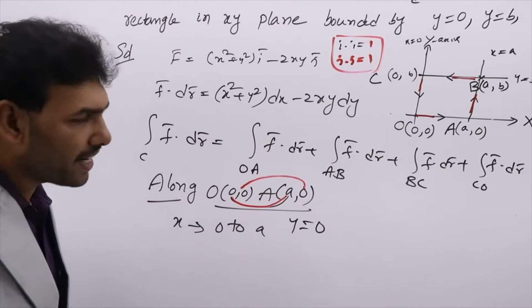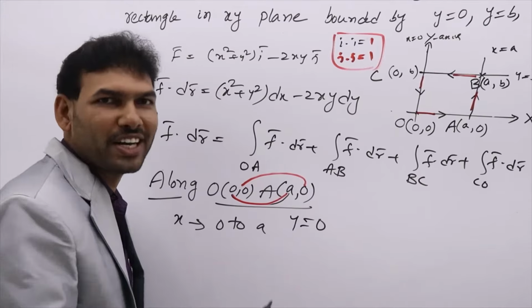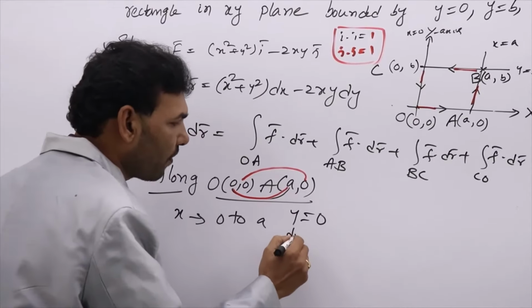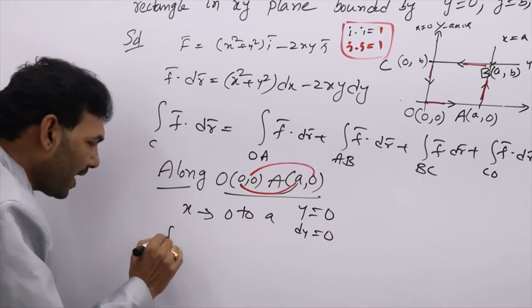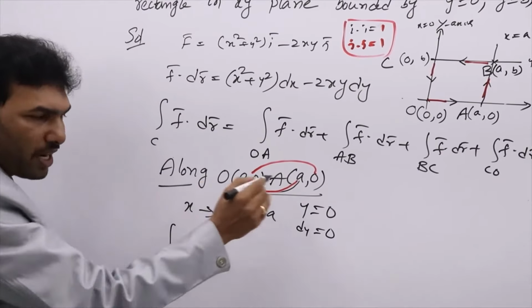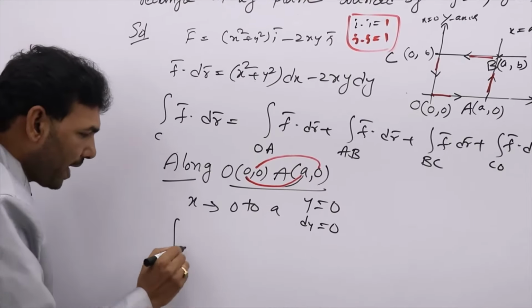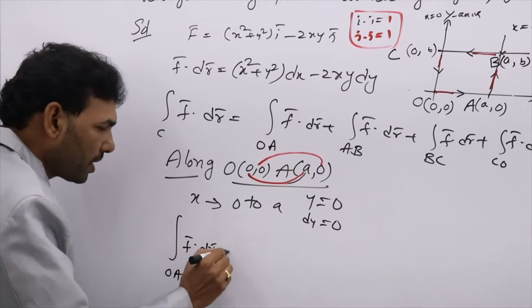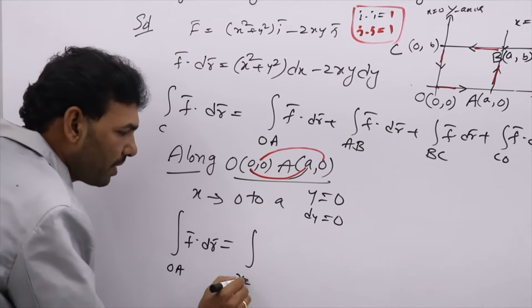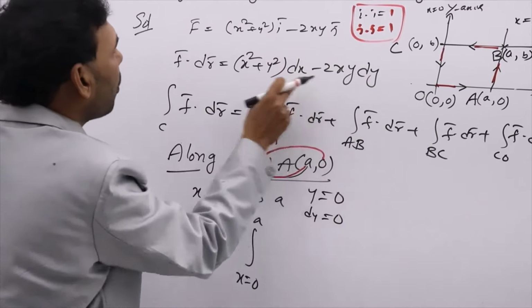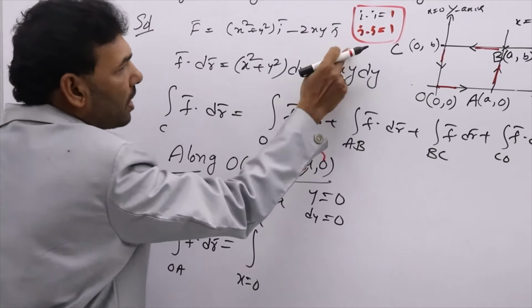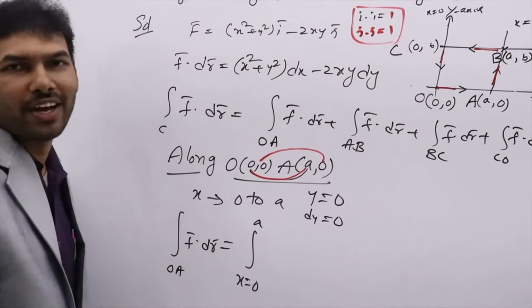If you differentiate a constant, that becomes 0, so dy becomes 0. Now to evaluate the integral over OA of f bar dot dr bar, the x limits are from 0 to a, and dy is completely 0. In f bar dot dr bar, this term is completely 0 because dy is 0.